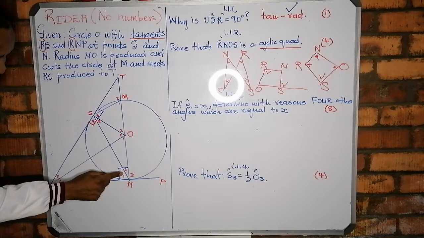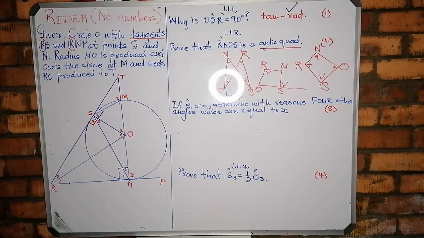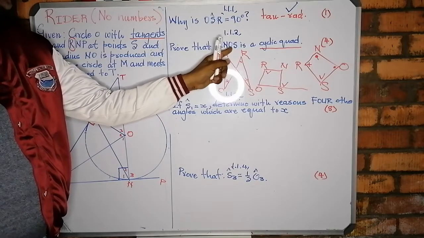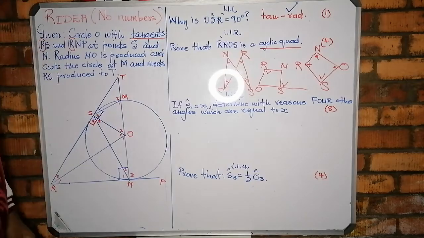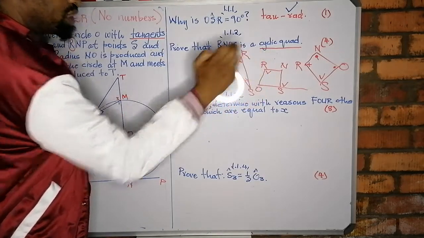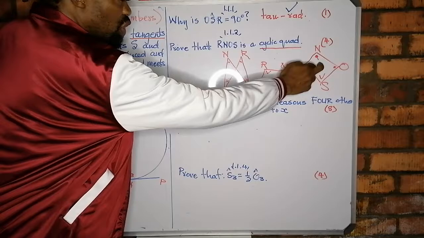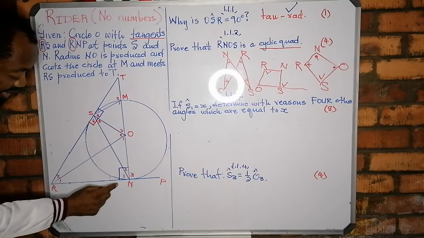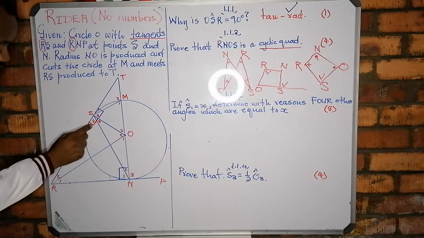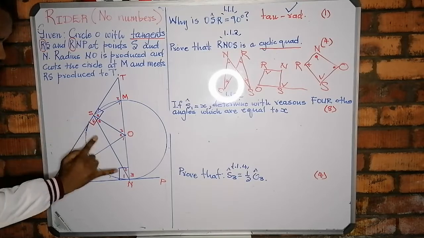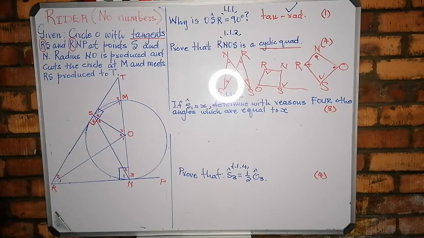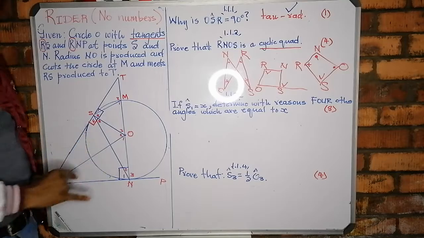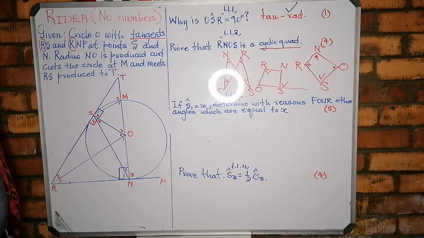This angle is 90 degrees, that angle is 90 degrees, therefore RNOS is a cyclic quad. If I don't want to use this one, I can use this one. Can you see that this is 90 degrees and this is 90 degrees and they add up to 180 degrees and they are opposite angles of a quadrilateral. I'm sorry about that.